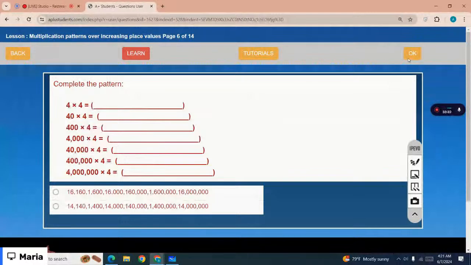Complete the pattern. 4 times 4 is, yes, the correct option is option number 1. Very good.